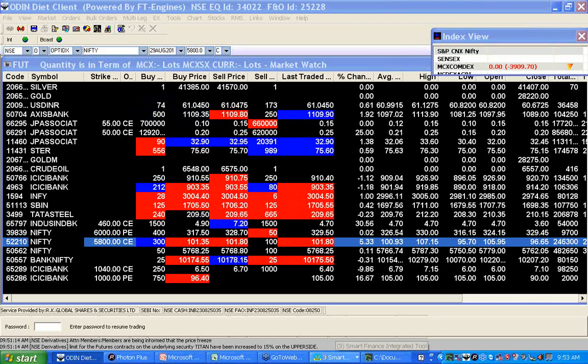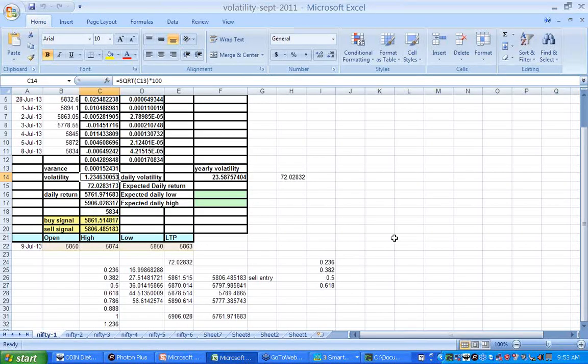So is it advisable to follow this method? Consider this particular example: if I am buying at 5861 and my stop loss triggers at 5806, it is a very great distance, around 50 points I am losing.